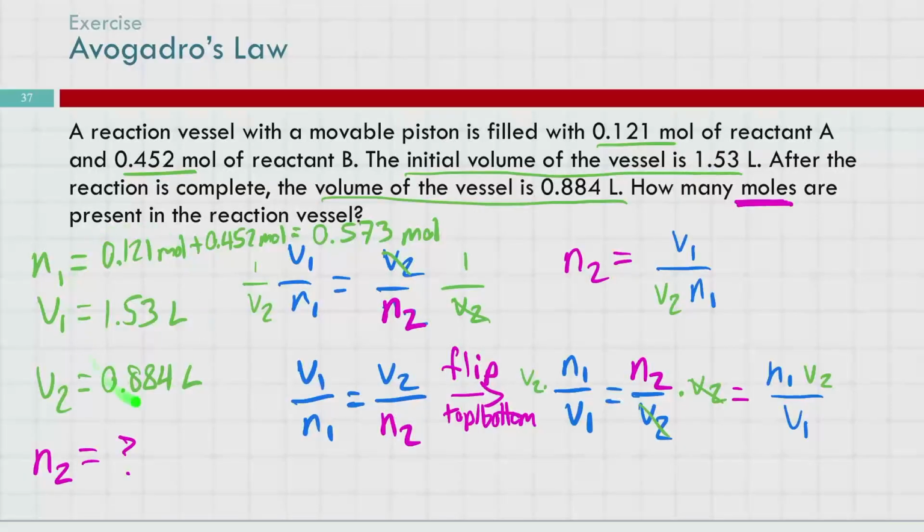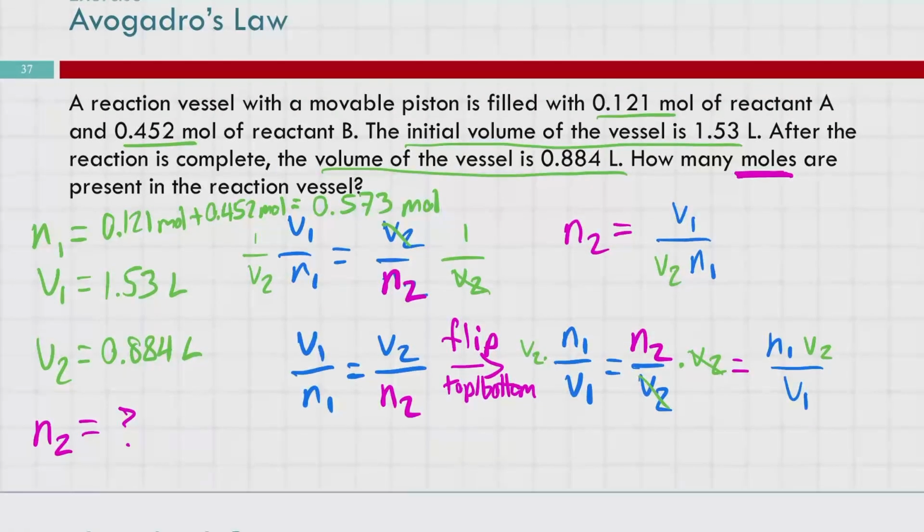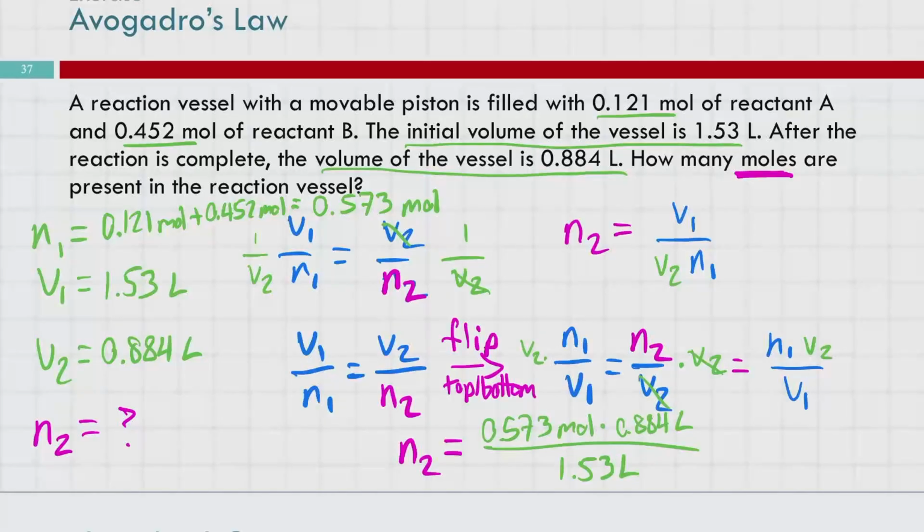All right, since we already have our volumes, we figured out the one little trick. Chemistry instructors love this one little trick. We can plug in our numbers. So our N1 is 0.573 moles. Our V2, 0.884 liters. And then 1.53 liters on the bottom.